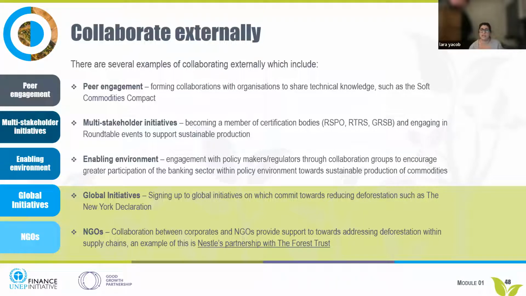Yeah, I would say multi-stakeholder initiatives are becoming more and more critical for financial institutions because they act as a kind of proxy for legal compliance as well. Oftentimes the RSPO or the RTRS includes provisions for its members to abide by local law.